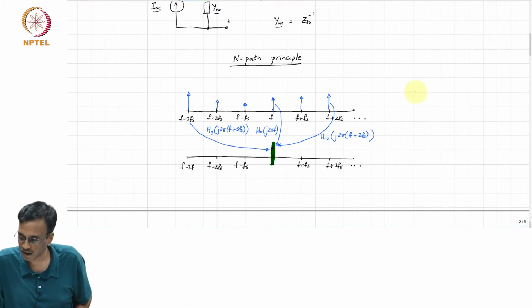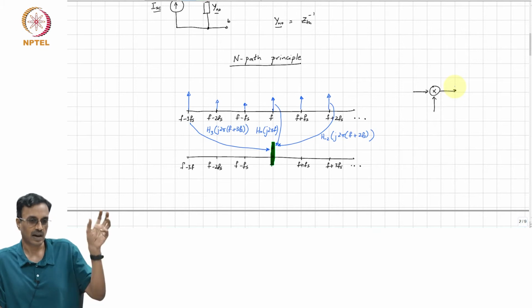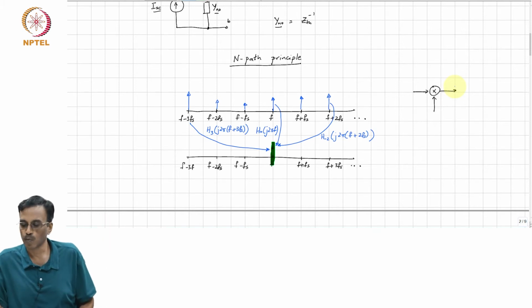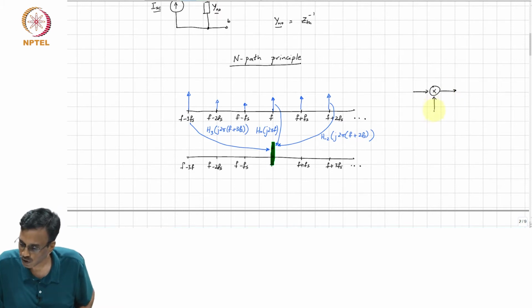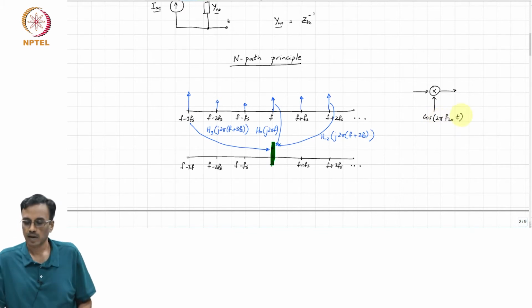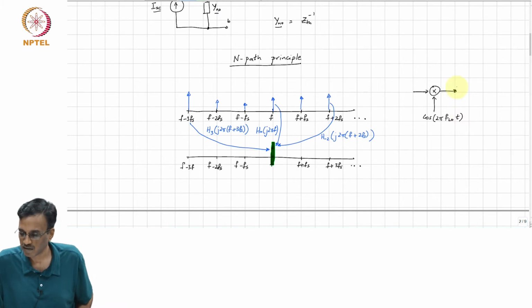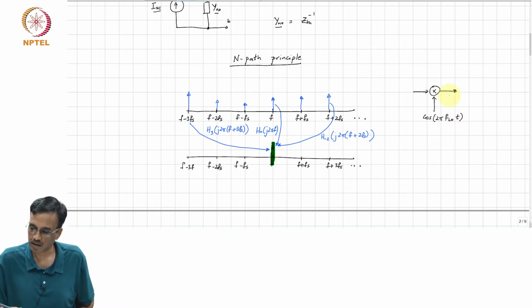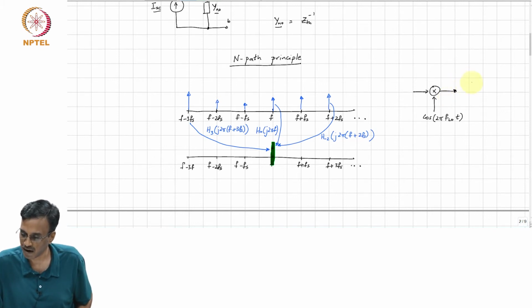For instance, let us say you have a radio, and as we have discussed before, a radio basically takes a signal which is at a high frequency and demodulates it to a lower frequency. So, for example, let us say this is cos 2 pi fLO times t, and let us say we are interested in demodulating the input to an output frequency which I will call fIF.